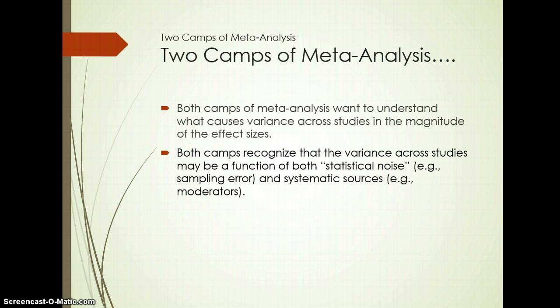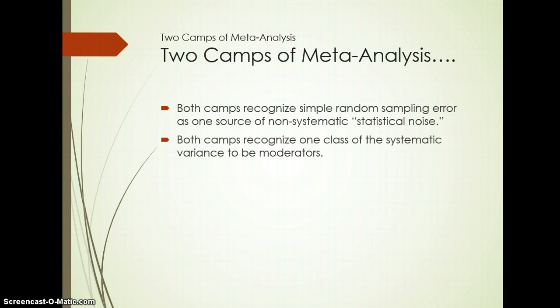Okay, so both camps, of course, want to understand what causes variance across studies and magnitude of effect sizes, and both camps do in fact recognize that variance across studies may be a function of statistical noise, such as random sampling error, as we discussed in Module 5, but also systematic sources of moderating variables. Both camps would recognize that random sampling error is one type of non-systematic statistical noise.